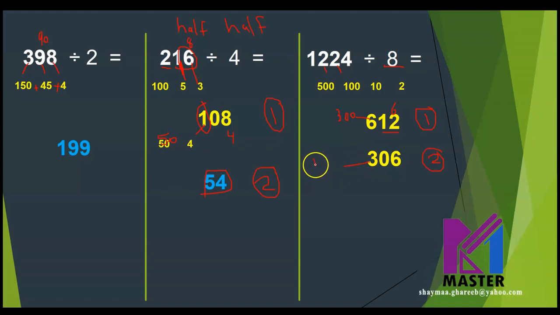Half 300 is 150. Half 6 is 3. Then half 306 is 153, and this is the third half, which is our answer. So 1224 divided by 8 equals 153.